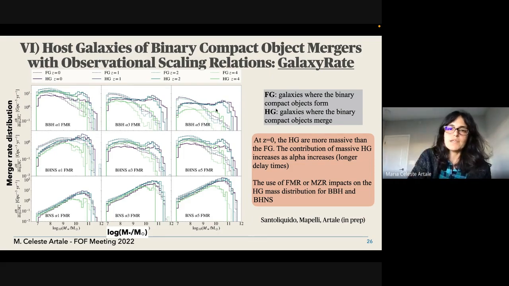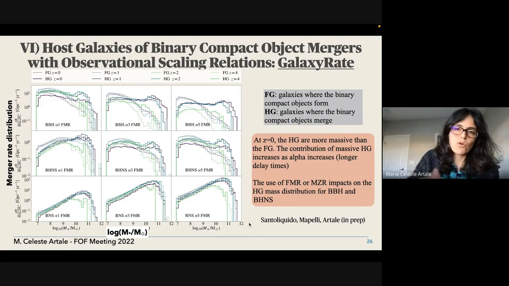This basically tells us that these binary black holes, for instance, have a very long delay time. Instead, for binary neutron stars, you see that the alpha 5 parameter does not affect much, and the distributions of the dashed lines and the filled lines are similar, indicating that the stellar mass properties of the galaxies where they form and merge are more or less the same.